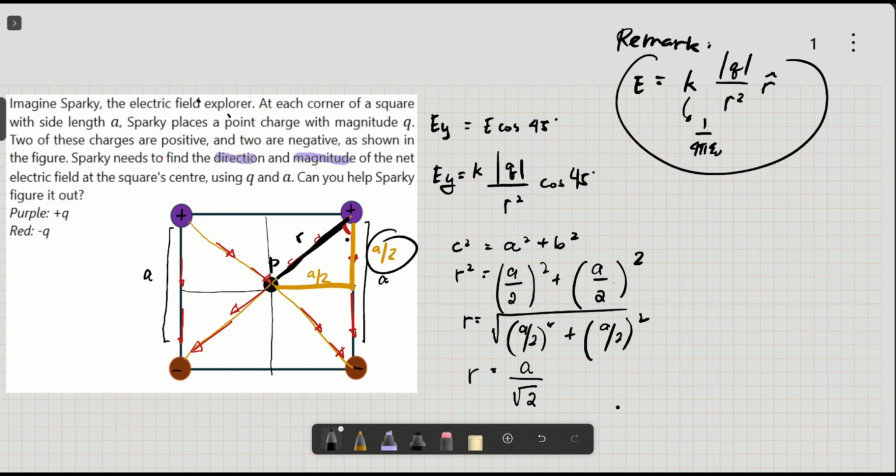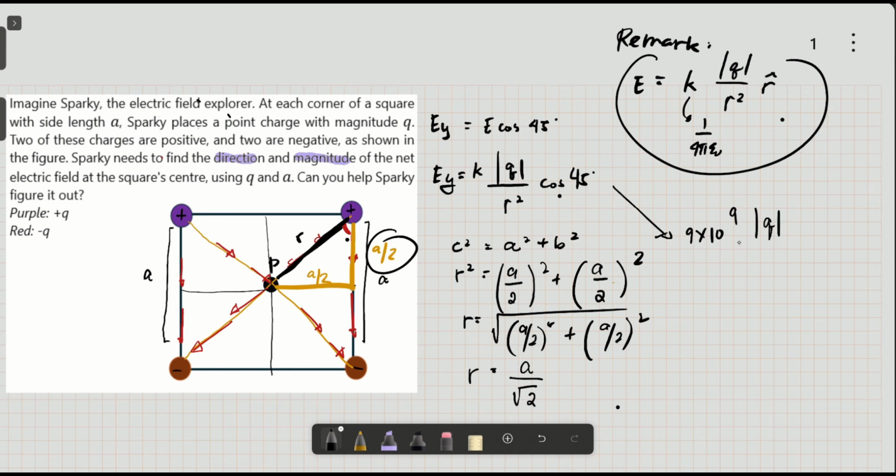Now, given that, we can definitely plug in the values. We can have K as 9 times 10 to the 9, and we remember its units are N m squared over C squared, so we can leave the units for later. Our q is only q, since we can't find any value of q here, so let's just leave it as q.